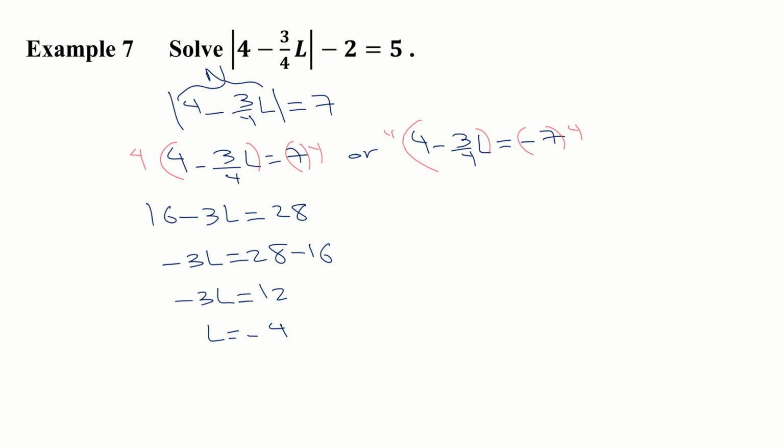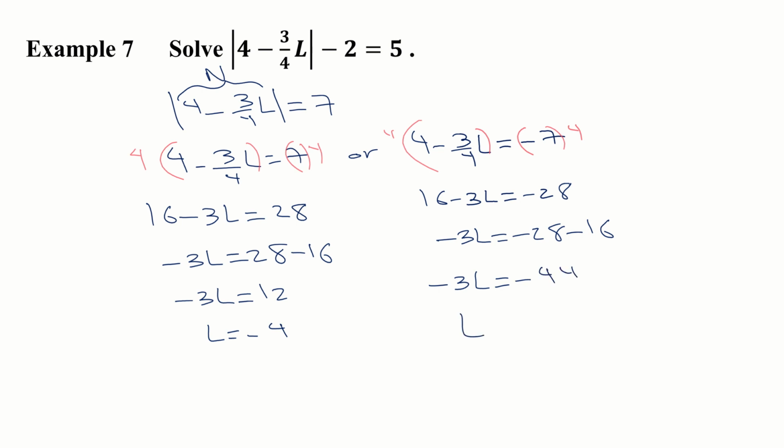On the second equation, we get 16 minus 3L equals -28. So -3L equals -28 minus 16. So -3L equals, let's see, that's 30 and then 14, so 44, so -44.